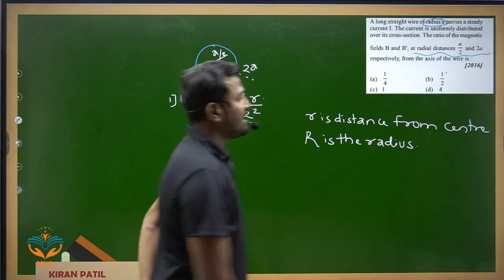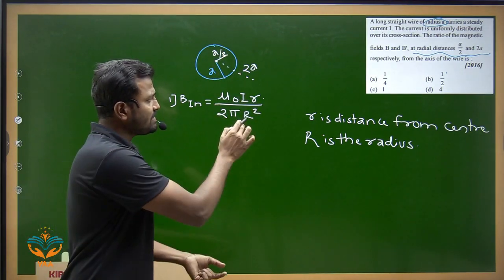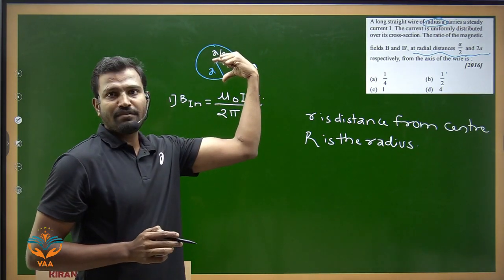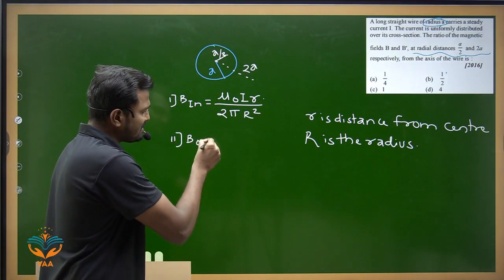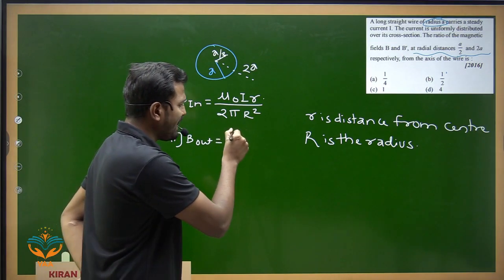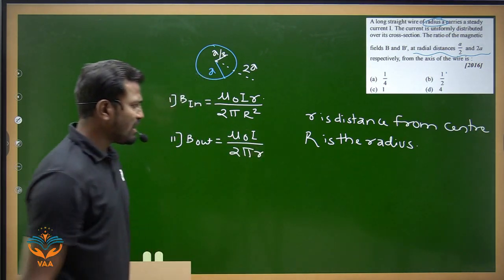Understand this: r is the distance, and R is the radius. Second is B outside, and we know the formula: mu naught I by 2 pi r. In this case we have no issues.